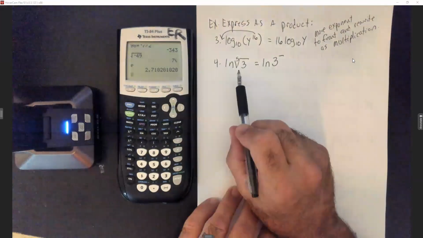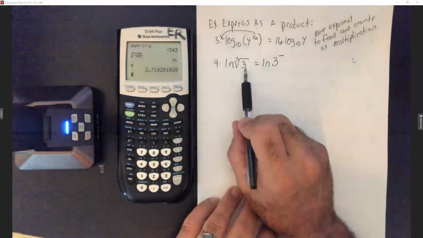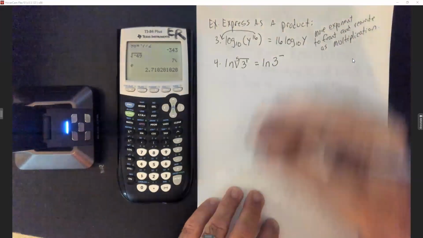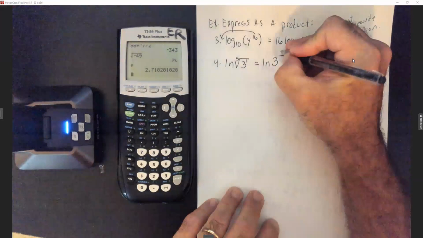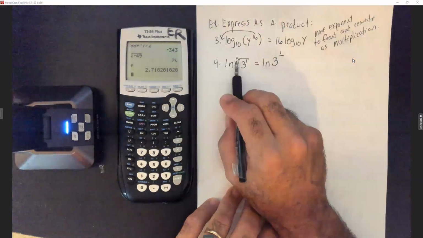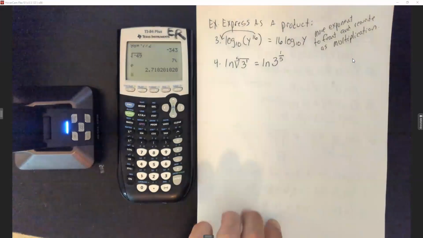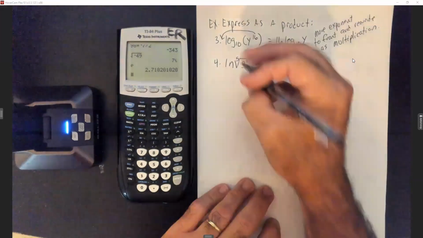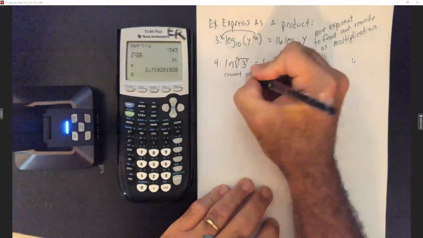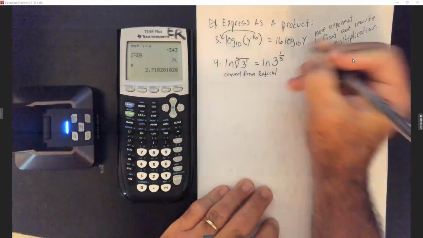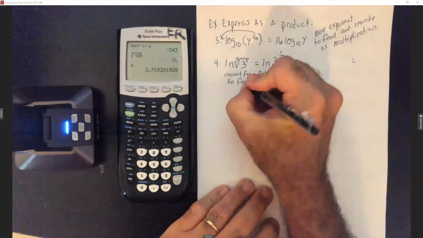There's not an exponent on the 3, so we would treat it like a 1, which means the top number is a 1. And then this one does have a number in the notch, so the bottom number would be the 5. So your first thing you had to do was convert from the radical to fractional exponent.